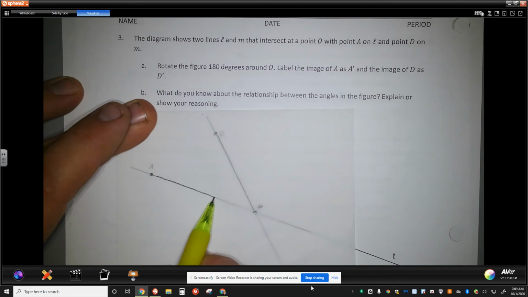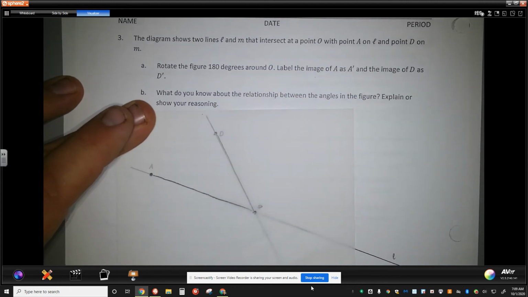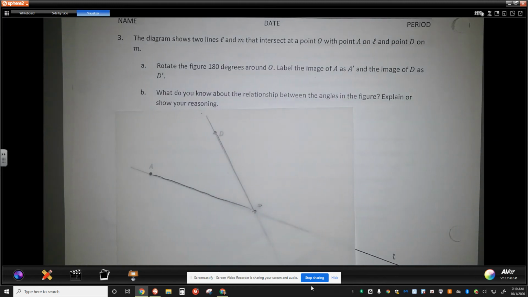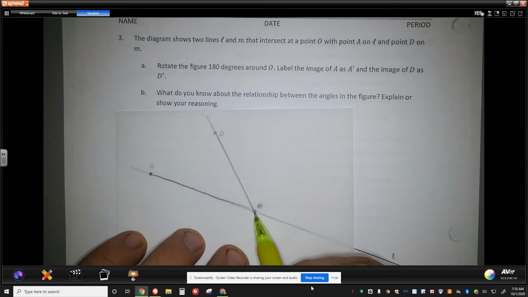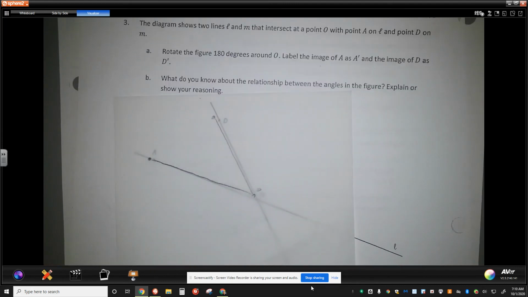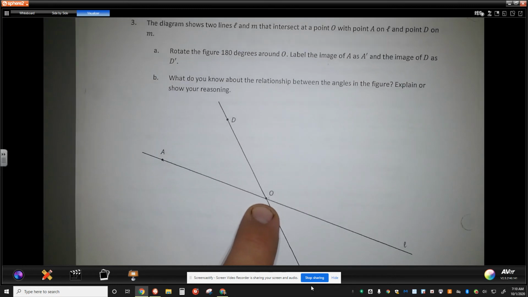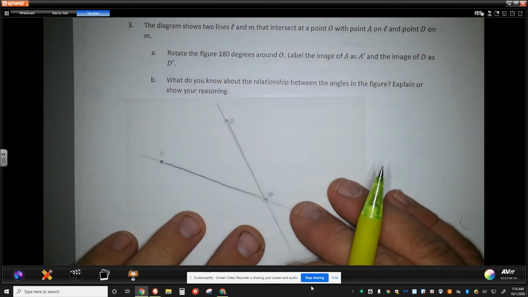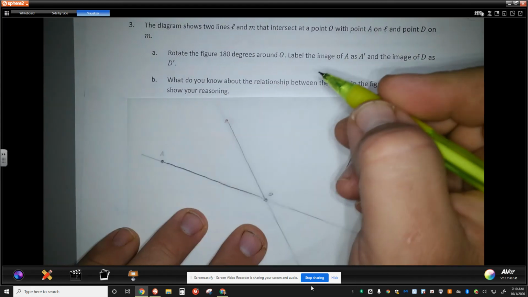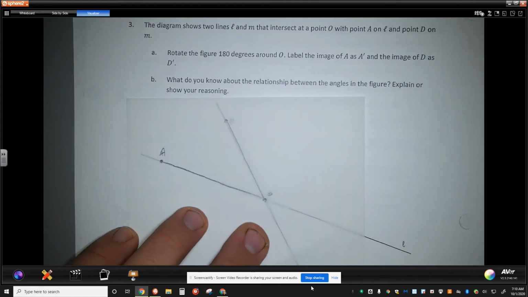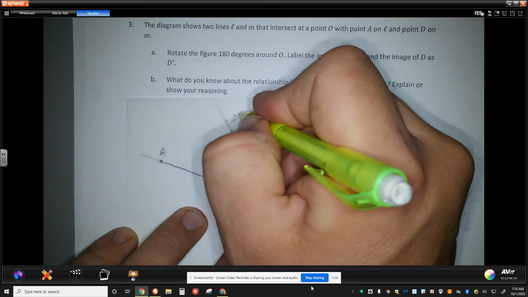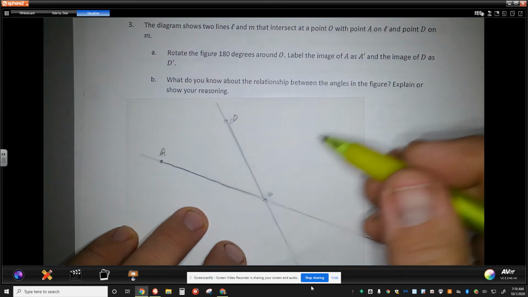And we remember that when we rotate 180 degrees on a line, if the center of rotation is on the line, then we should see those lines overlap right back to each other. In this case, center O is on both of these lines at that intersection. So a 180 degree rotation should take A back to line L and D back to line M.